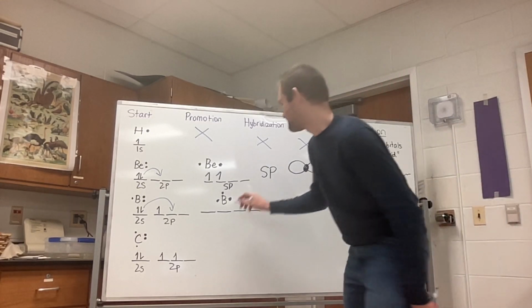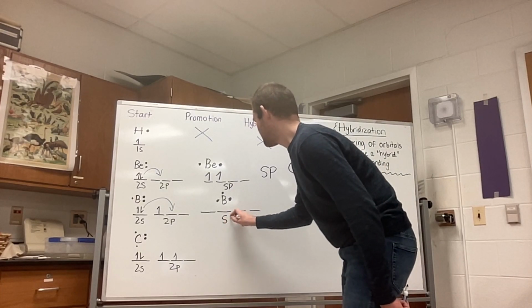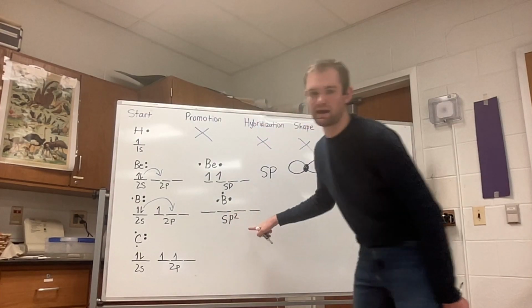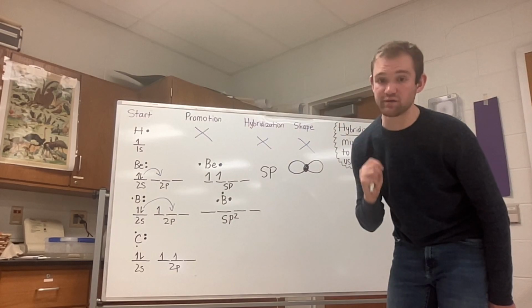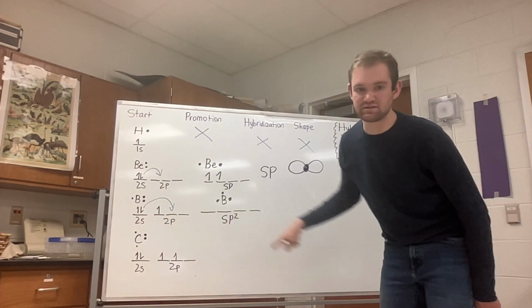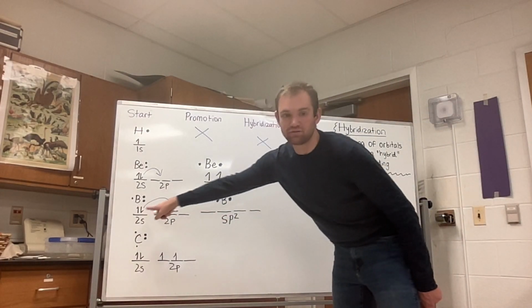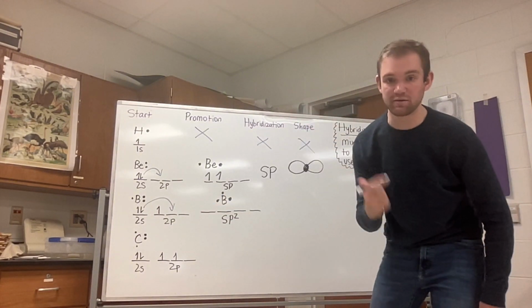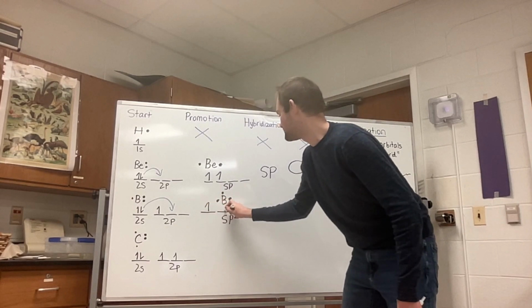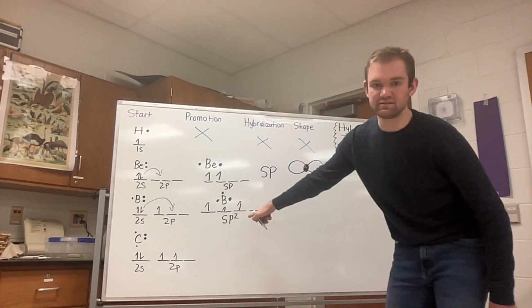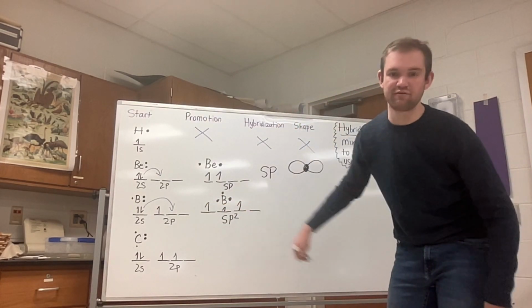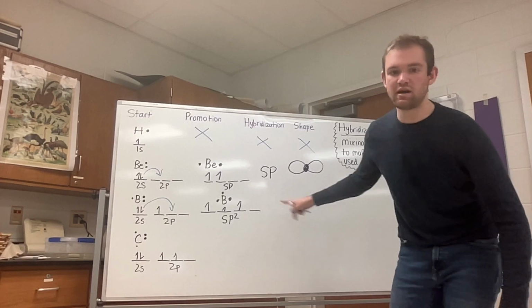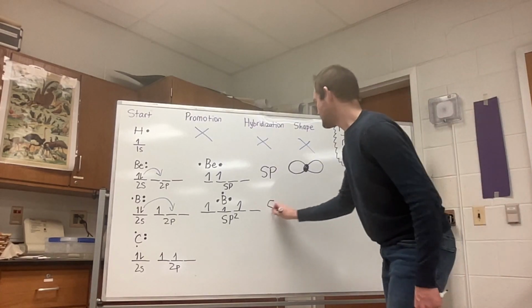So here you go. sp2 now, because I have 3 regions of electrons. 1 in the S, 2 in the P's. If you look, after this one moves, you have 1 in the S, 2 in the P's. So sp2 hybridization. 1, 2, 3 electrons. Again, these are your spin. These are your half arrows if you don't know what these are yet. All right, go on to hybridization.